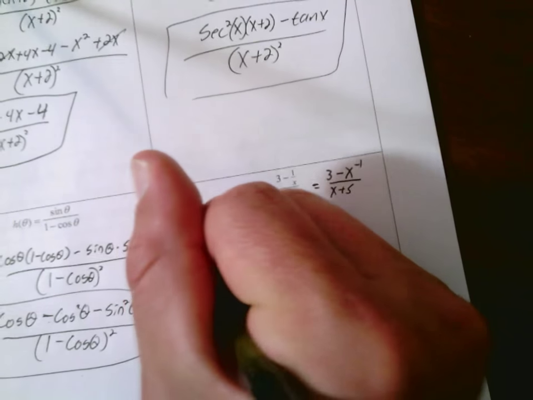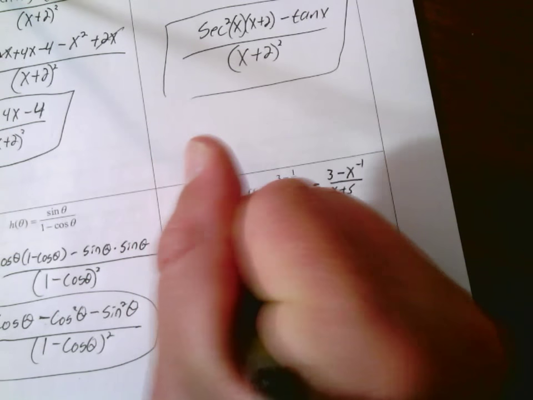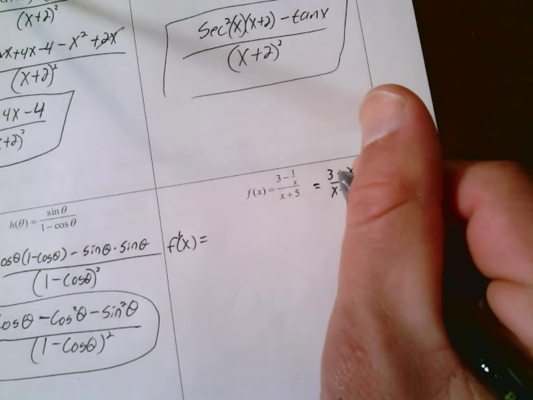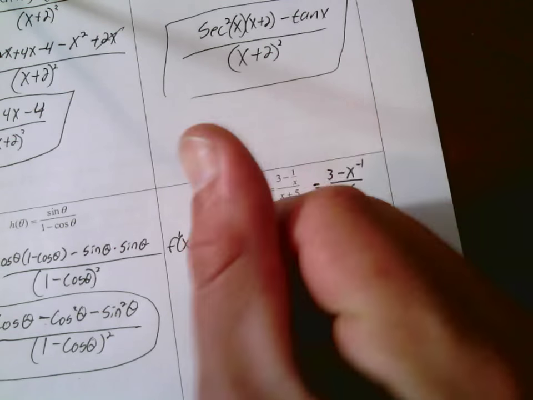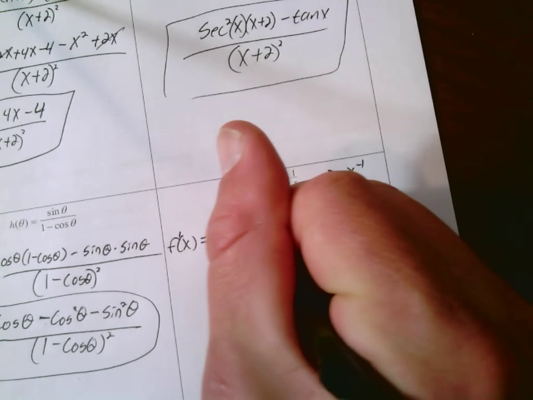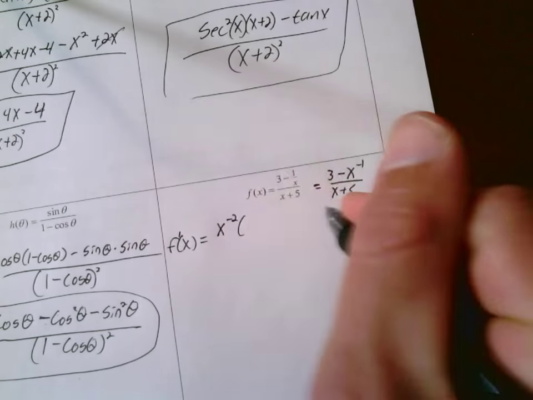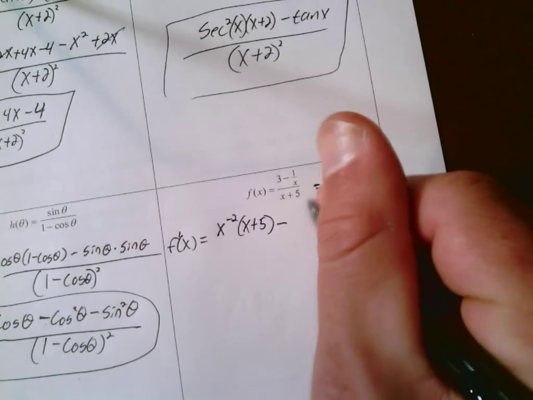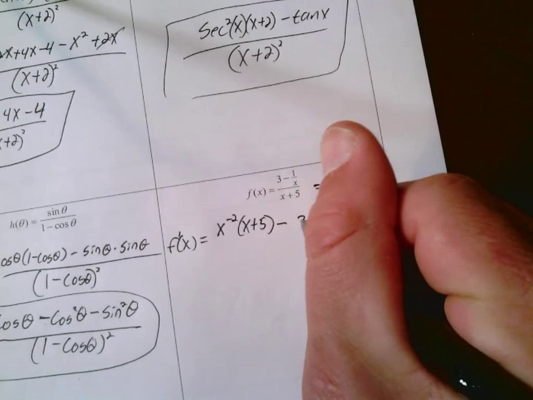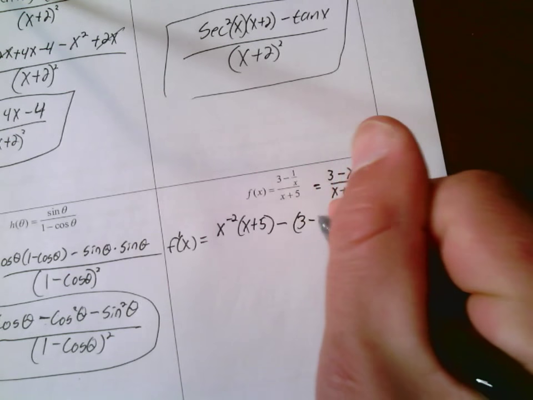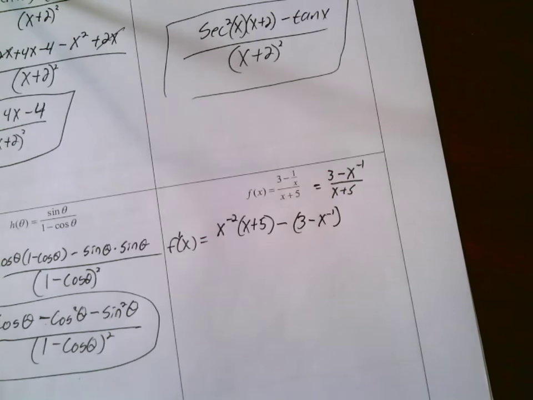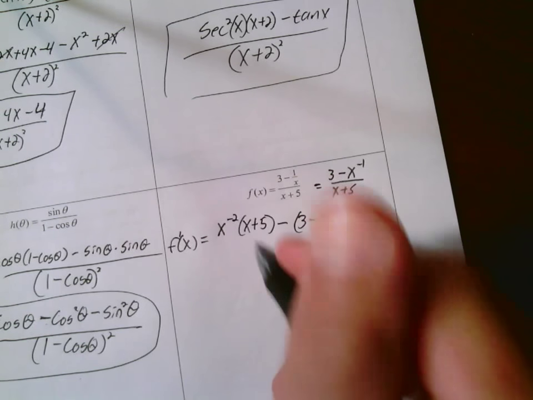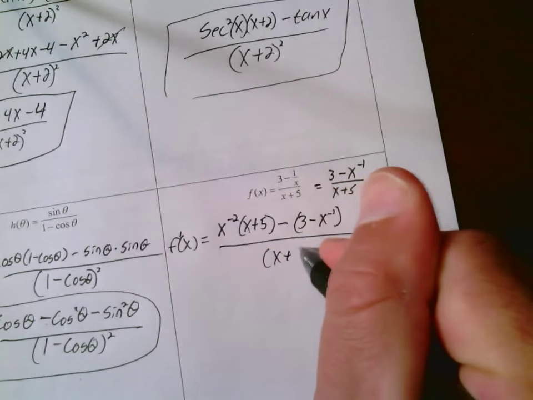So I go, derivative of the top is 3, and I get plus x to the negative 2 times x plus 5 minus the derivative of x plus 5, which is 1, times 3 minus x to the negative 1. All of that over x plus 5 squared.